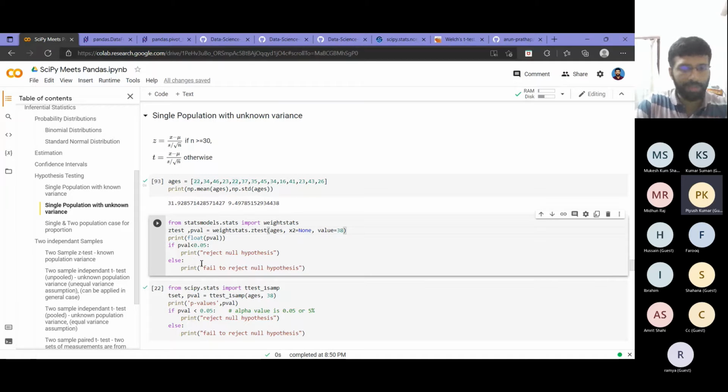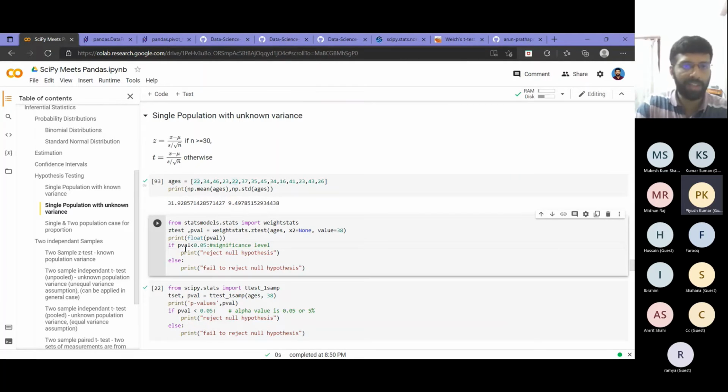In our hypothesis testing cases, we will get some p value out of the test, and we will have to test whether p is less than our significance level. If it is less than the significance level, we will reject the null hypothesis, which in this case is that the mean of the given samples is equal to 38.